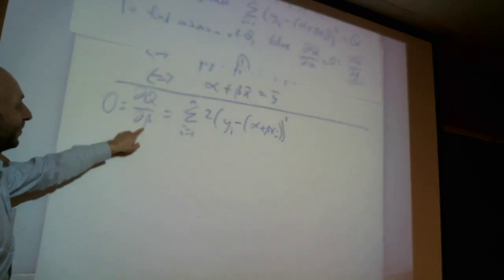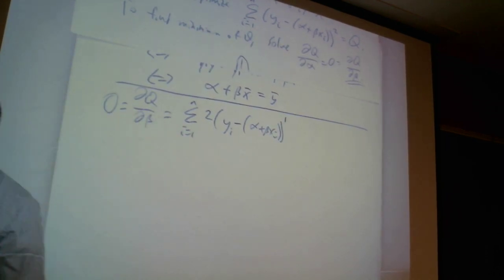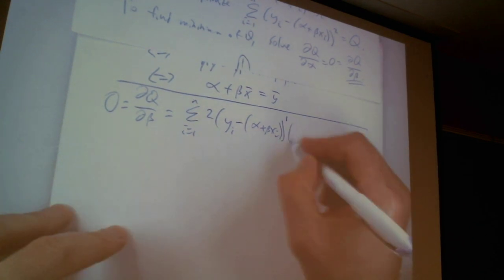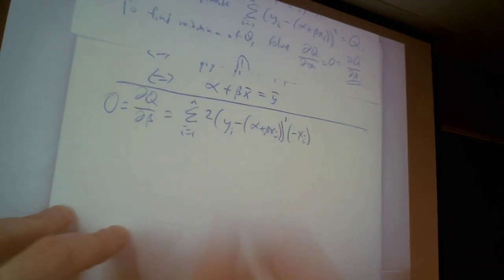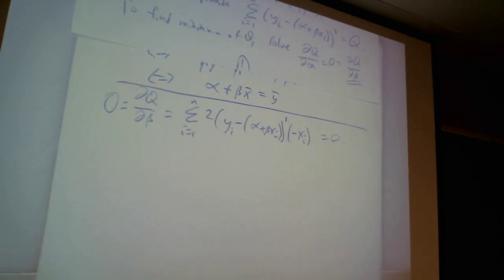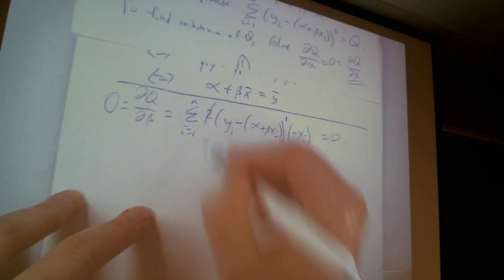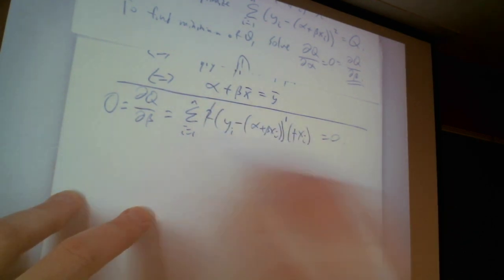You're differentiating with respect to beta. Negative xi is the chain rule term of the partial derivative. So this whole sum equals 0. Does everybody see that derivative? Okay, great. The 2, again, is everywhere. We can cancel it. The negative sign is, again, everywhere. We can cancel it.